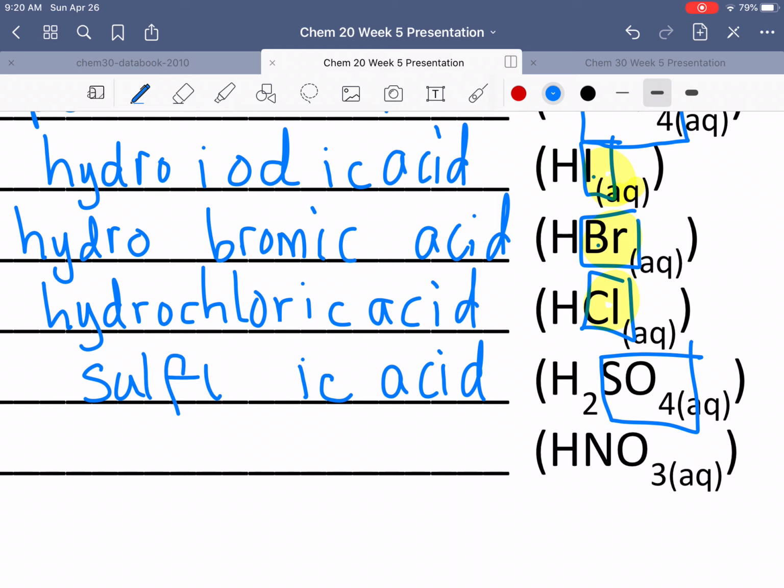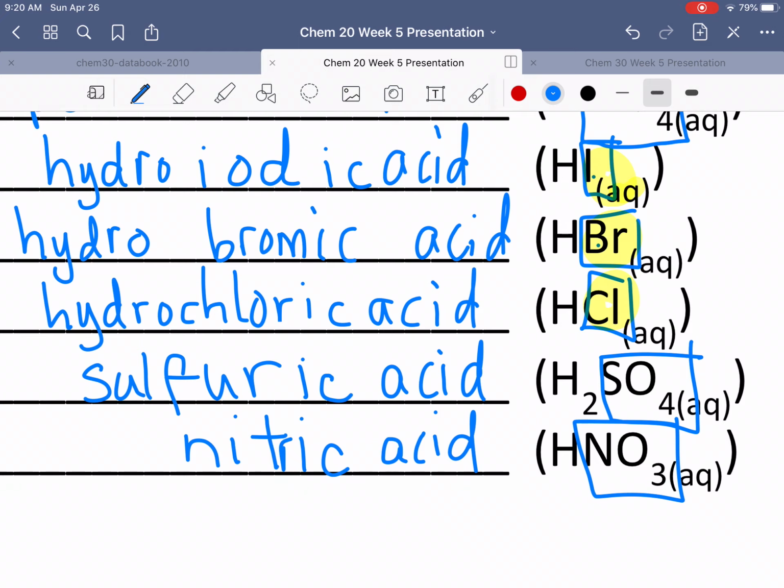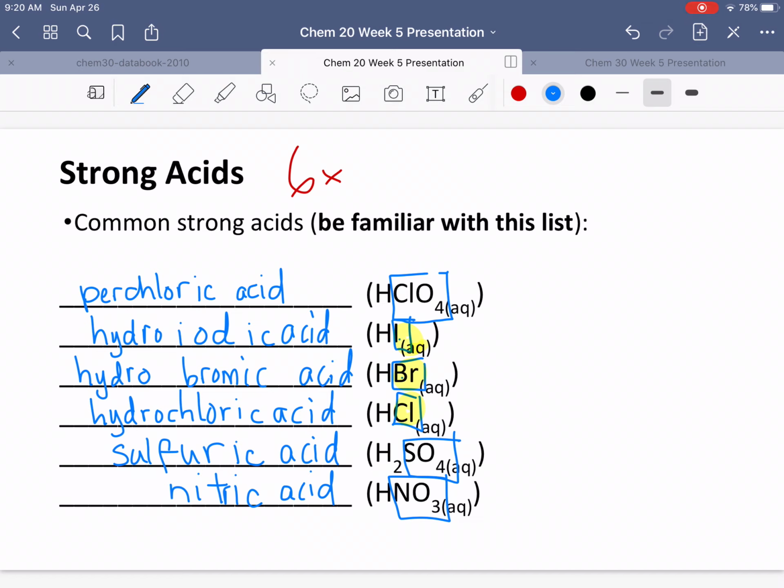A lot of you made this mistake. Sulfur's weird. You need the whole word, sulfuric acid. And our last one, the anion is nitrate. Again, ATE. So I'm going to add an ic acid. And for this one, we just have the NIT, nitric, and the R, acid. There we go. Those are your 6 strong acids.